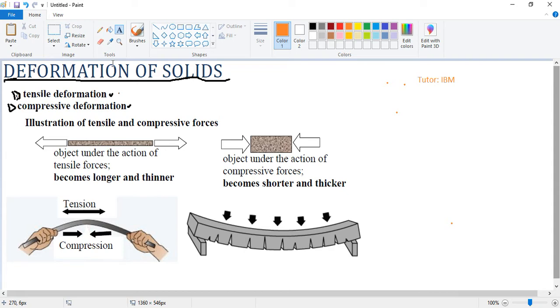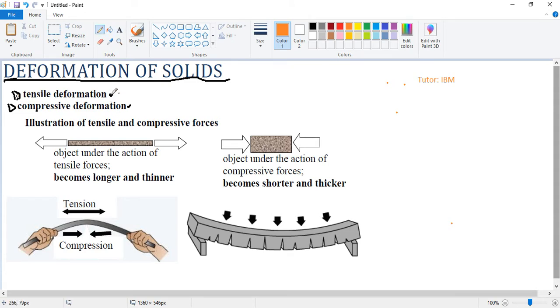You have blown air into a balloon and seen the balloon expanding, and when you step on the balloon, you see it getting deformed, and if you apply more force, it ends up bursting. So the change in size and shape of an object when a force is applied is what we call deformation. Actually, deformation is of two types.